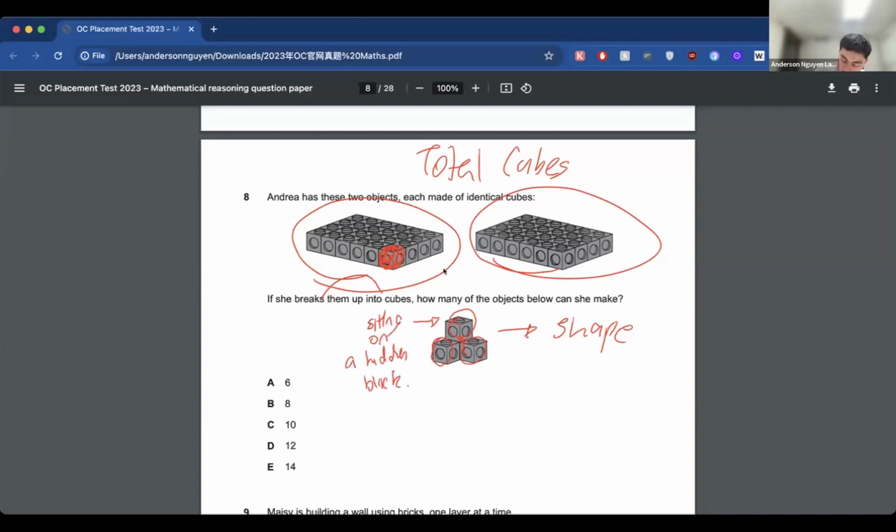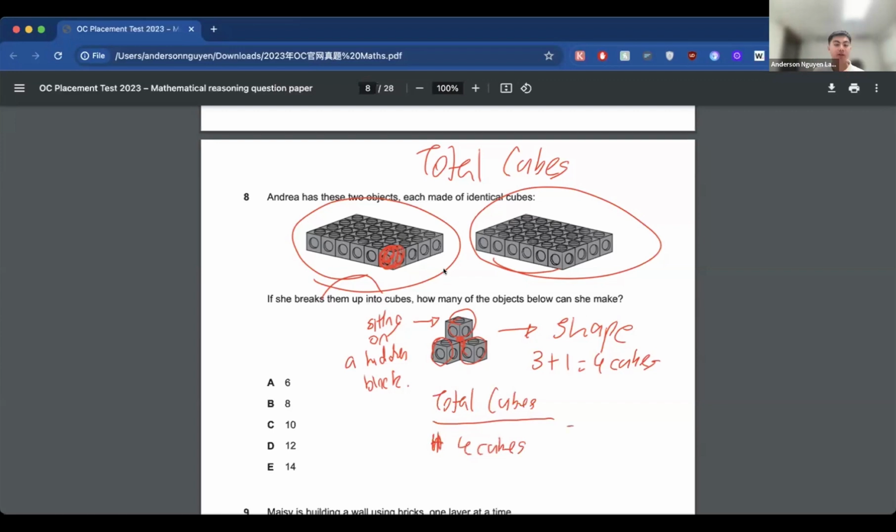So it's 3 plus an extra hidden one, which is 4 cubes. So the total number of objects is the total cubes divided by 4 cubes, since it takes 4 cubes to make one shape.